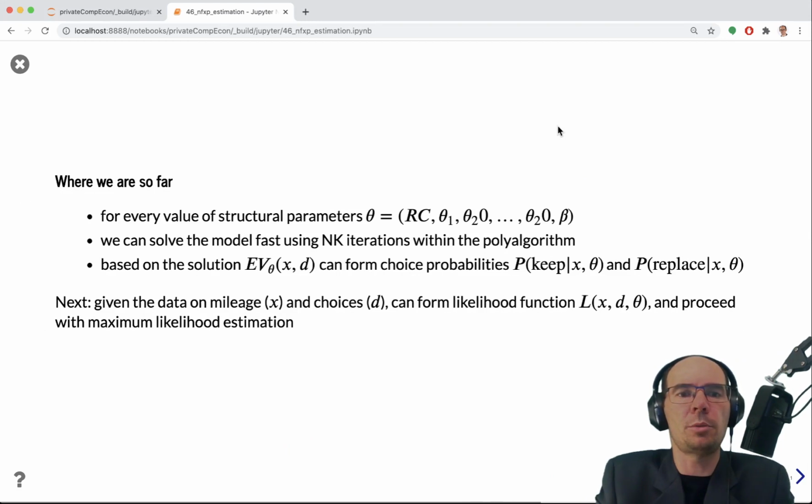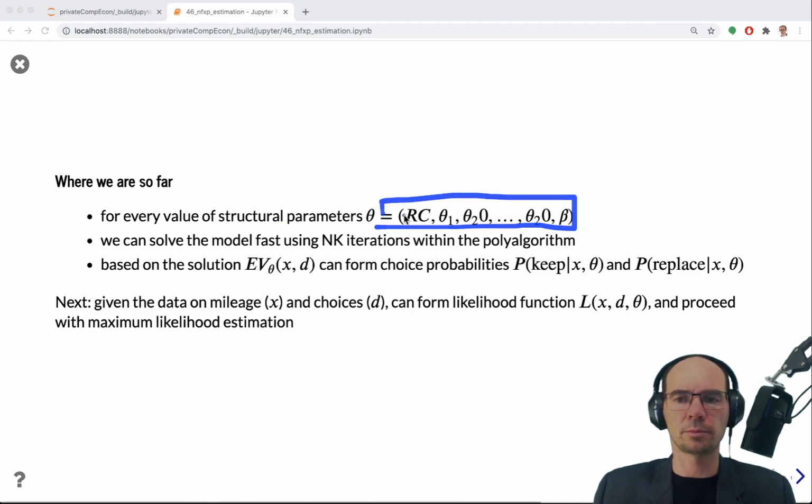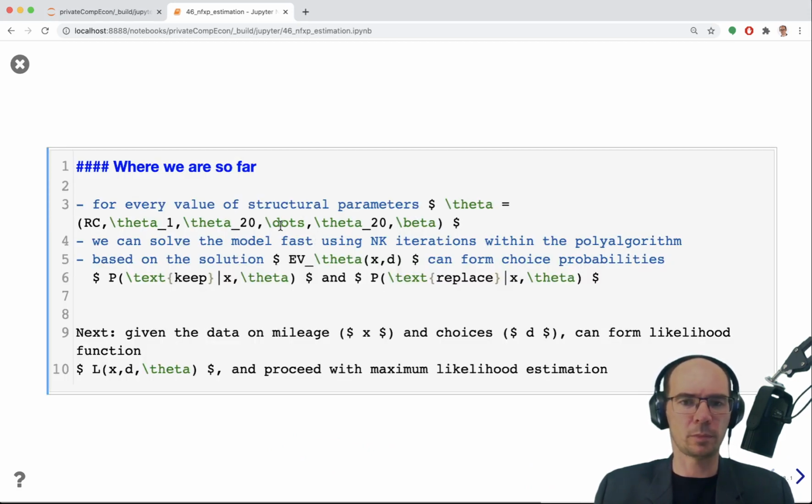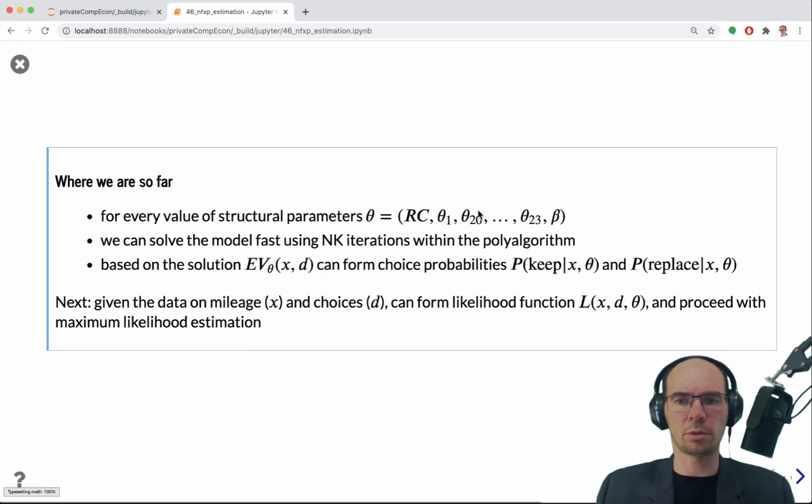So where are we so far? What have we done so far? We have the machinery which can, for every value of structural parameter theta, this whole vector here. Oh, there's a typo. Typo is here. Should look like this.